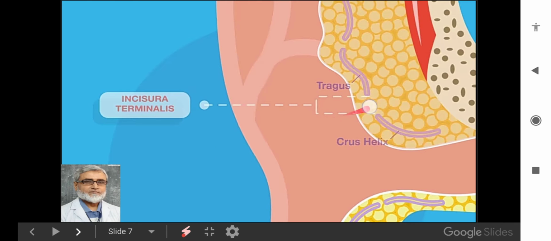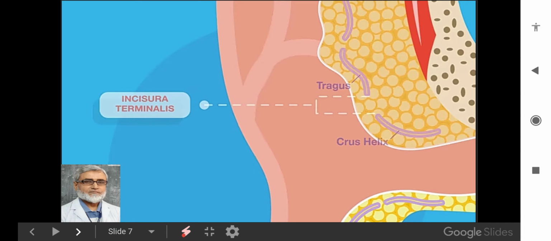Any graft from this area you can cut and utilize. The cartilage can be taken out for repair of a deviated nasal septum or reconstruction of the ala of the nose, and any incision or stitches given in between this area will heal properly.